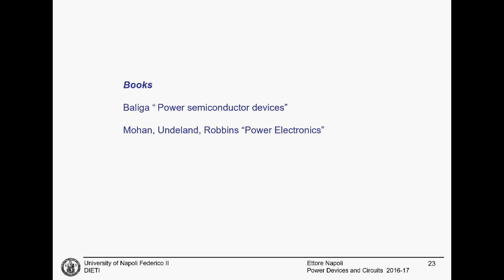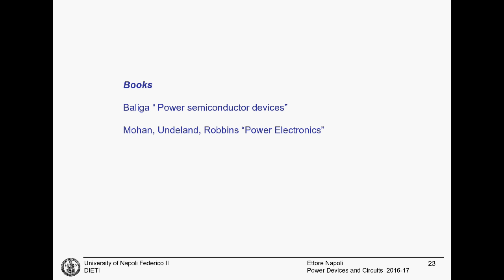As I told you before, regarding the books that you can use as a reference, most of the things you will find on the slides, and these lecture notes and the slides should be enough for the final examination. But the reference books that are very important in this field are Baliga, Power Semiconductor Devices, where you'll find everything about power devices, but only devices, not the circuits.